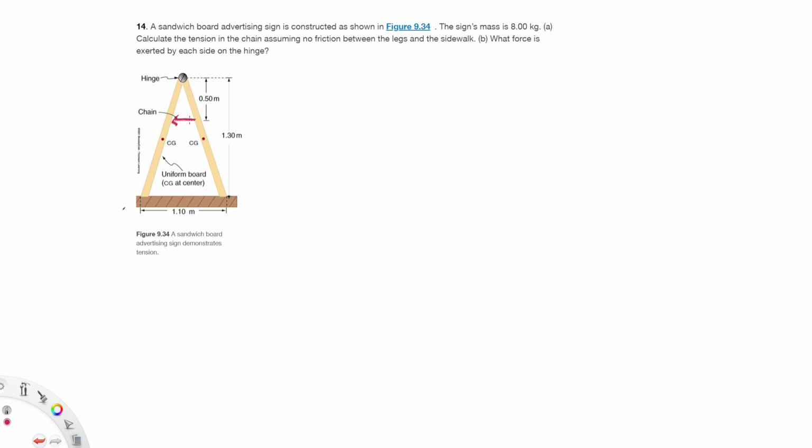It's going to be at an angle here. And that angle is going to be the same as the angle between the ground and the sandwich board leg, since the tension is parallel to the ground.